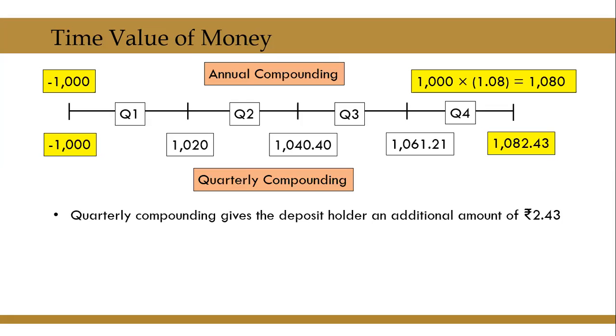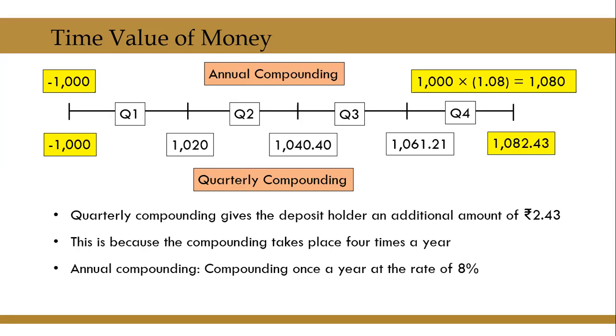If the scheme was annually compounding, 1000 rupees invested today would have become 1080, whereas when the scheme is quarterly compounding, 1000 invested today becomes 1082.43. This is because compounding takes place 4 times in a year under quarterly compounding. So under annual compounding, compounding happens once a year at the rate of 8%.